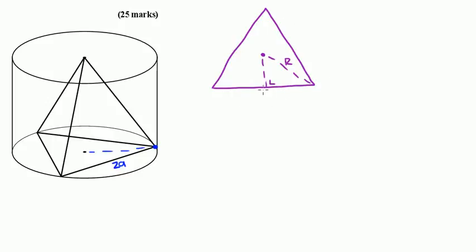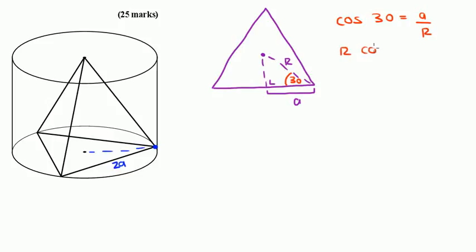Because it's an equilateral triangle, I know that I have a, and I also know that this angle here is equal to 30. There's a few different ways of finding r in terms of a. Could use sine rule and other things, but because I have the cosine graph and the table, I'm going to use the cosine of 30. So the cosine of 30 is equal to a over r.